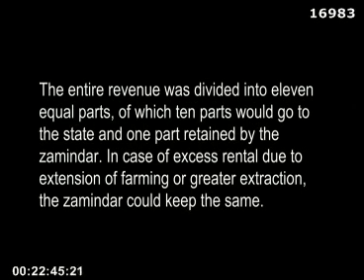And in case the rental of a Zamindar's estate increased due to extension of cultivation or his capacity to extract more from the tenants, then he would keep the entire increased amount. At the same time, again, he would have to pay the revenue on time, failing which he would have to part with the land; that land would be taken away.